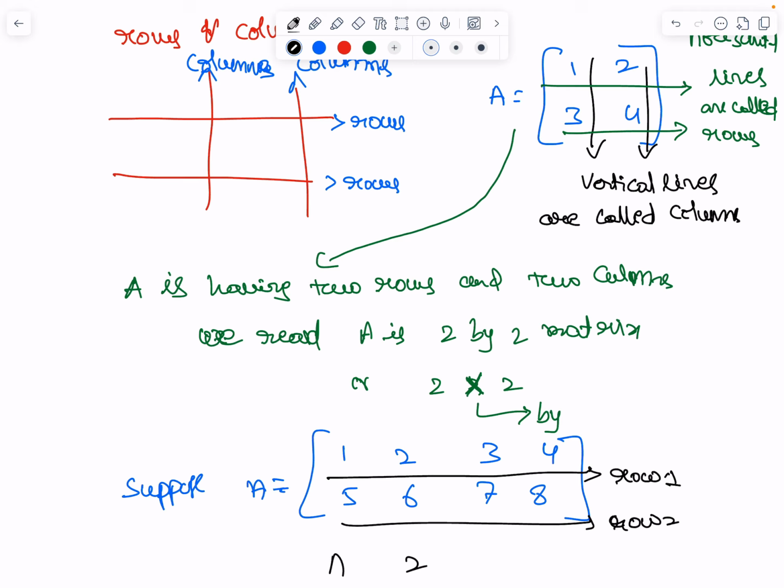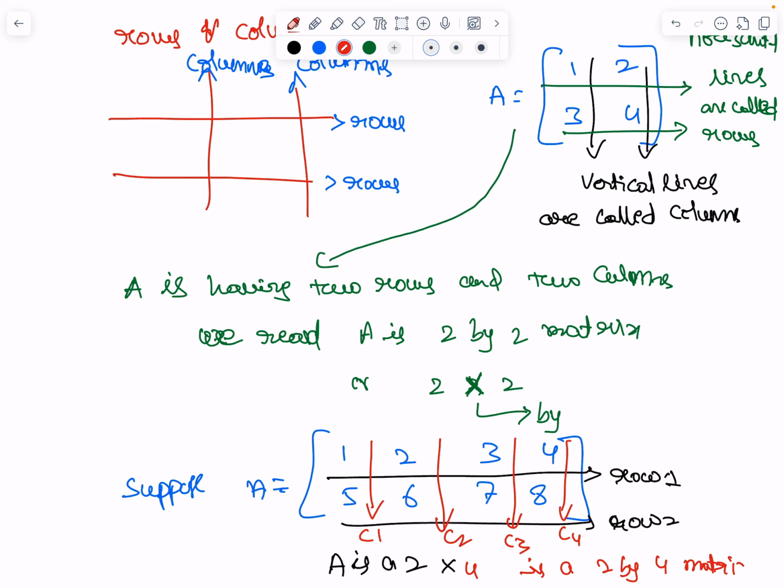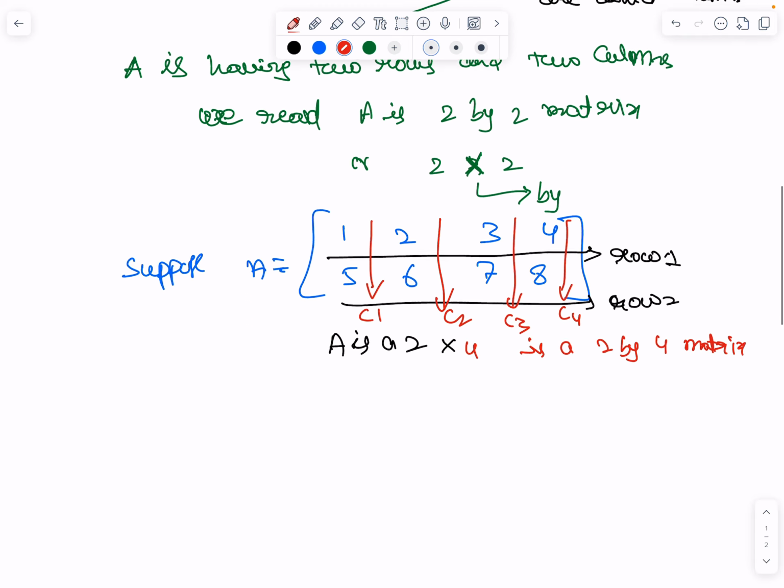Now look at the columns: first column C1, C2, C3 and then C4. Therefore, 4 columns are there. A is a 2 by 4 matrix.